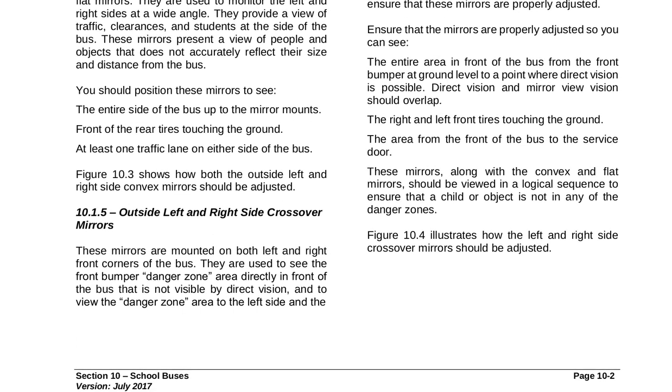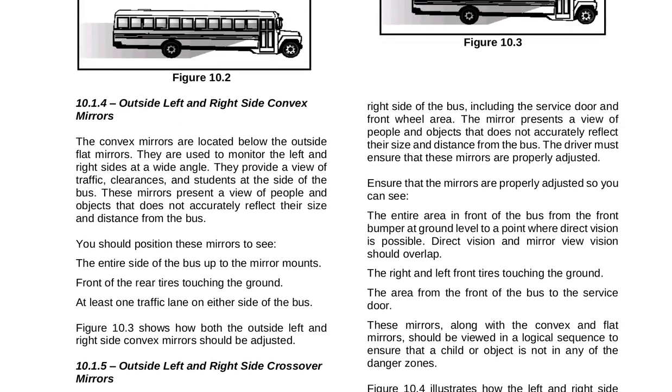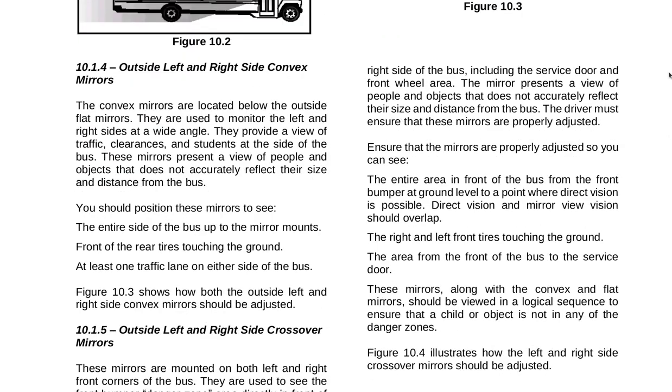Outside left and right side crossover mirrors. These mirrors are mounted on both left and right front corners of the bus. They are used to see the front bumper, the danger zone area directly in front of the bus that is not visible by direct vision, and to view the danger zone area to the left side and the right side of the bus, including the service door and front wheel area.